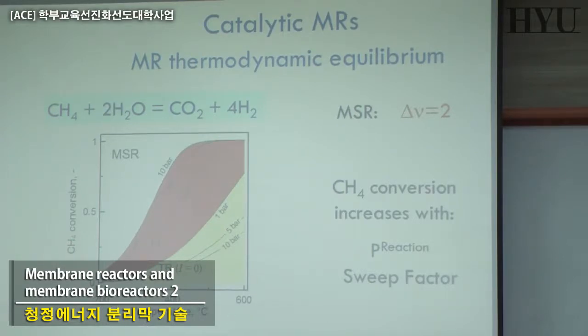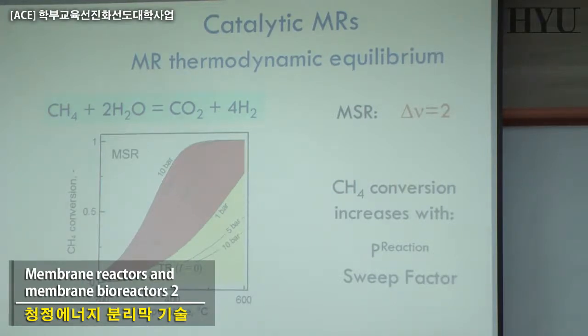This was a very expected case because you have the variation, and the traditional reactor is also affected. If you are working at 10 bar or 5 bar, or at 1 bar, you have a different behavior.